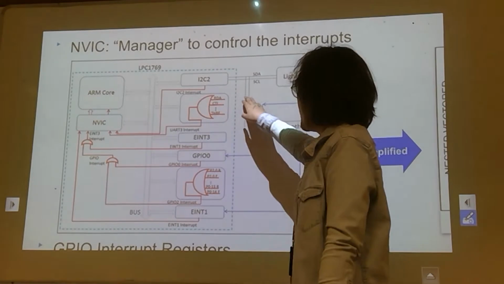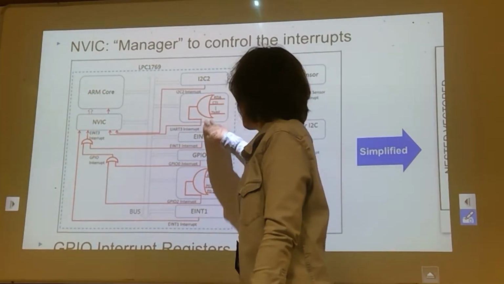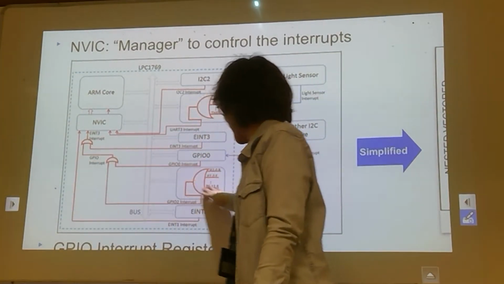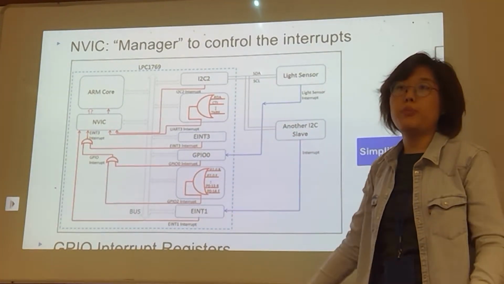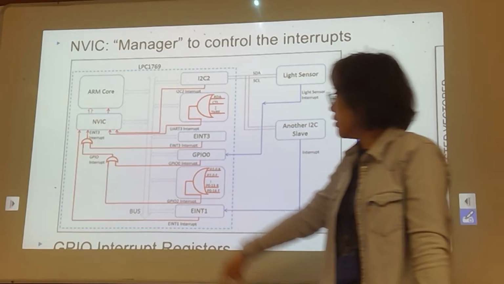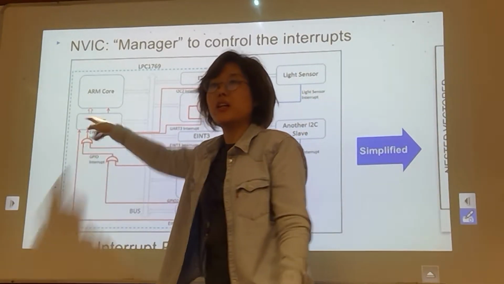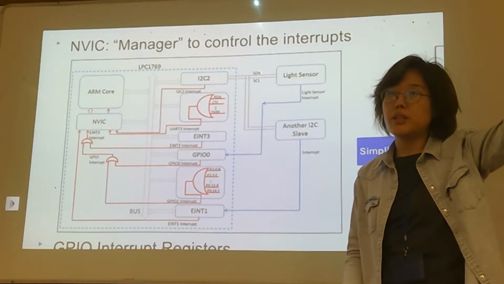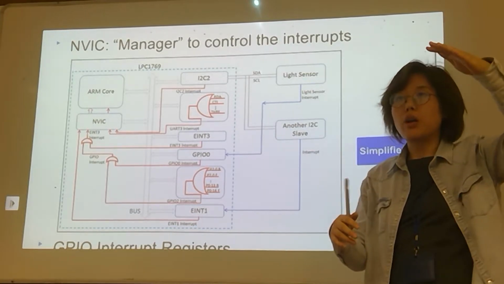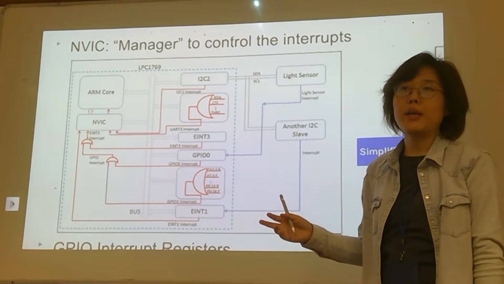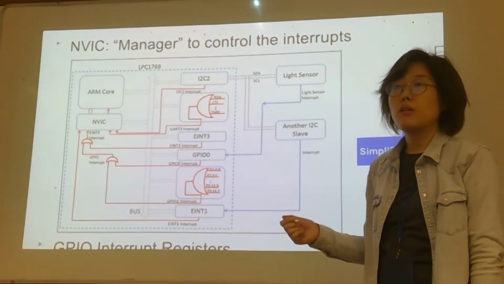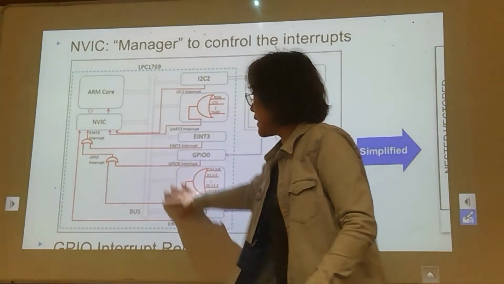They can come from I2C, from GPIO, or from ENT1. Let's say you have multiple interrupts. Here you should tell the NVIC which one is the highest priority, which one is a little bit lower, which one is a little bit lower still, and which one is basically not an interrupt at all. Okay, so this is how it works.